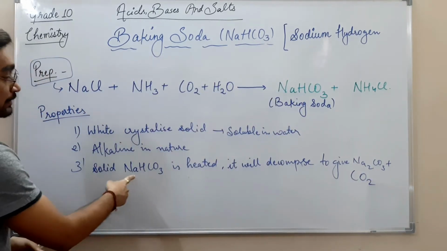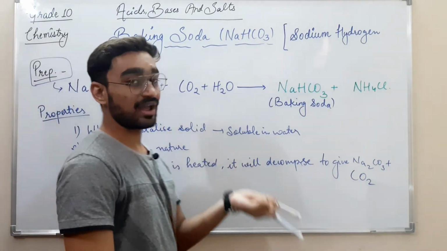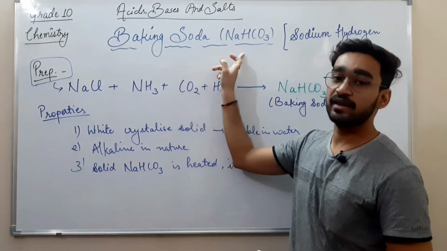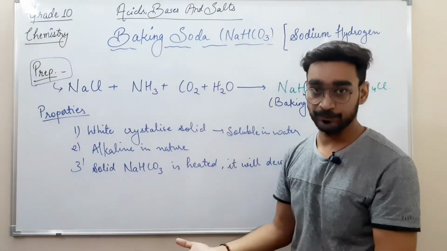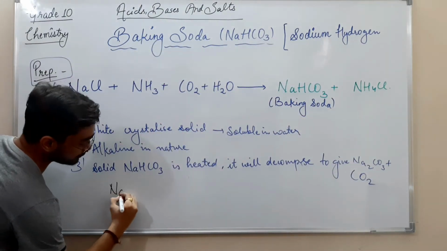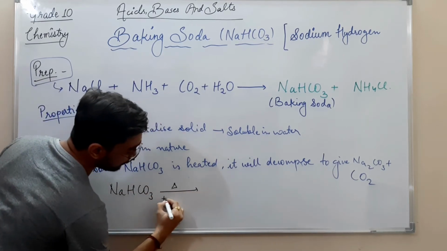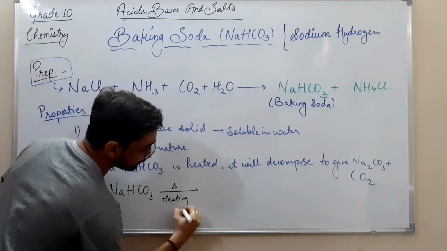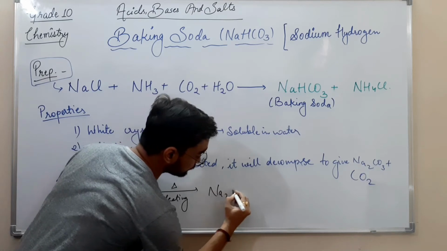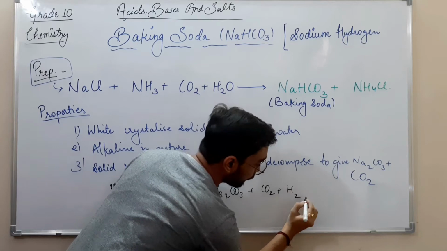This actually happens when we use it in bakery items, in cakes and breads. When we heat solid NaHCO3, it breaks down to give Na2CO3 plus CO2 plus some amount of water also.